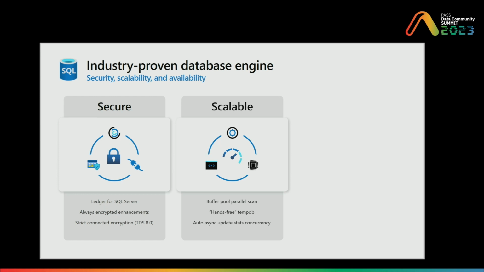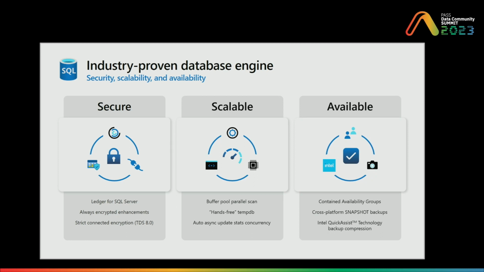And now we're taking care of the SGAM and GAM optimization, and we're closing in on that problem. And finally, on availability, we have a couple of improvements, contained availability groups, which we'll talk about in more detail, as well as snapshot backups.